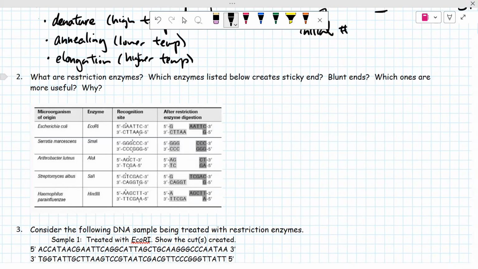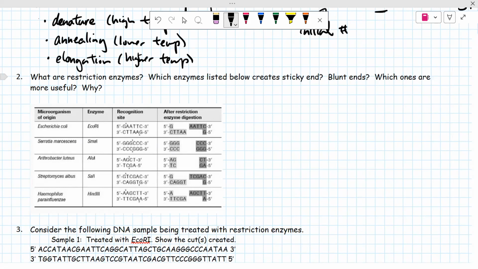That's essentially what they are. It's not something created by humans. It's naturally occurring in bacteria, and they use it as a defense mechanism to protect themselves from foreign genetic material.